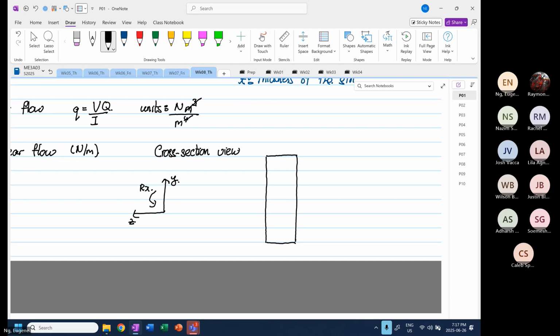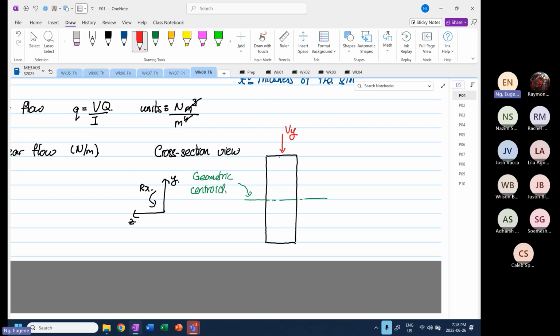right? And over here, this is our geometric centroid. And over here, this is our Vy, which represents our shear force in the Y direction. So I'm going to draw our shear flow now.